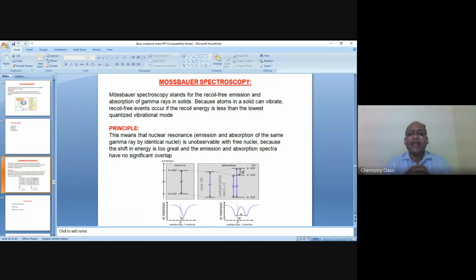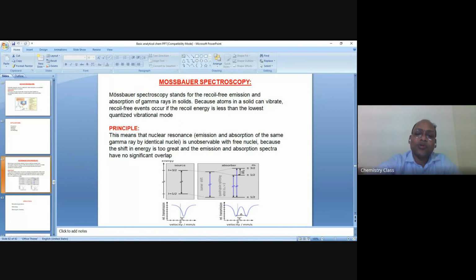This means that nuclear resonance is unobservable with free nuclei, because the shift in energy is too great and the emission and absorption spectra have no significant overlap.